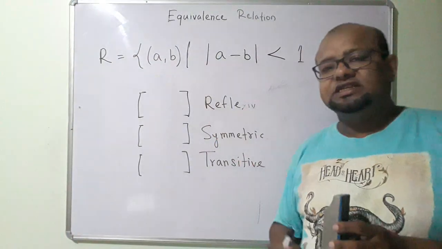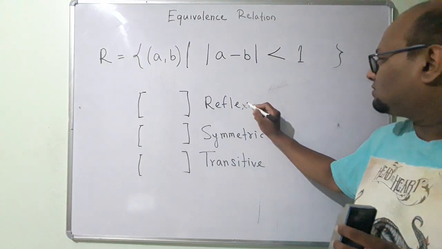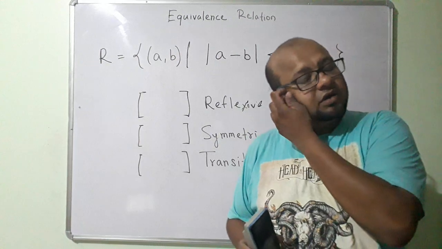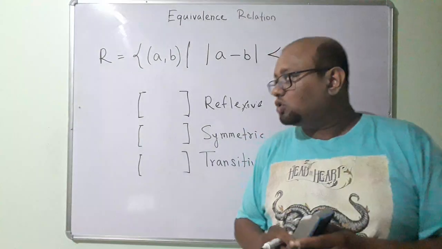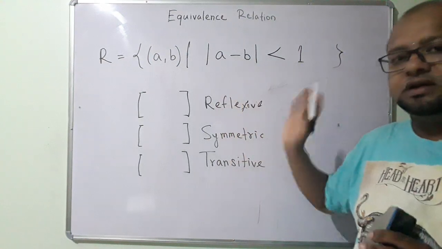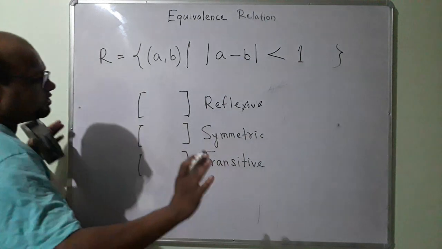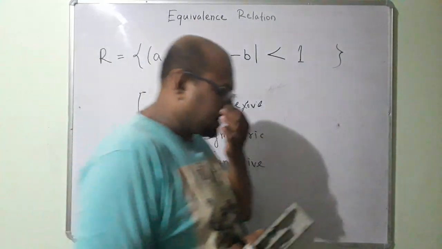Once again, let us say this is on the set of integers. Alright. So all this A minus A is equal to 0. So 0 is less than 1. Correct? So all this A, A, B, B, C, C, all of this will belong to the relation. So this is reflexive. Is it symmetric?